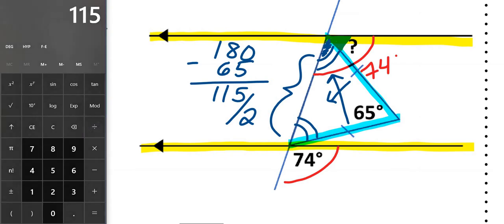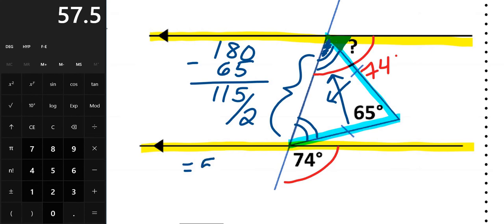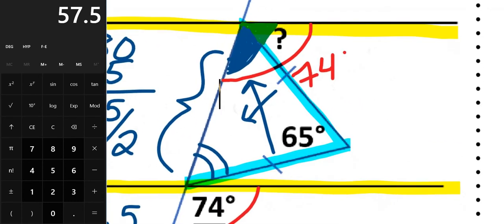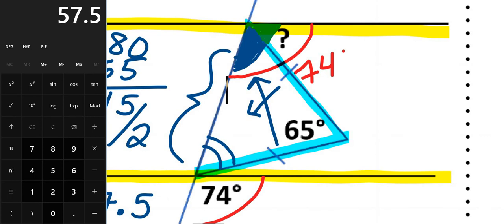So 115 divided by 2 equals 57.5 degrees. So that means that this angle here, this blue one that I just highlighted, is 57.5. Let me zoom in. So this is 57.5.